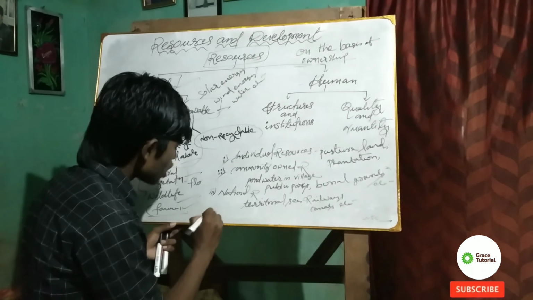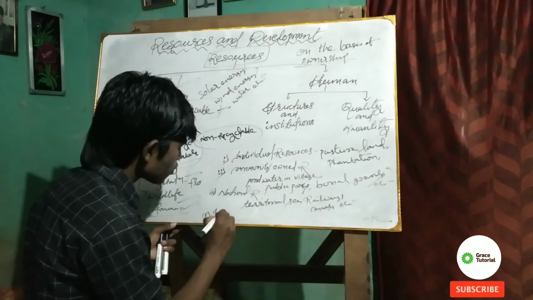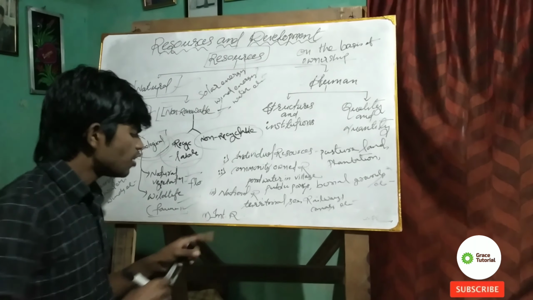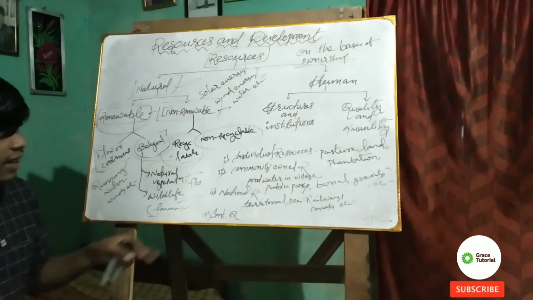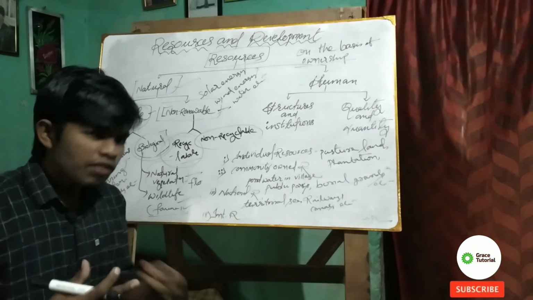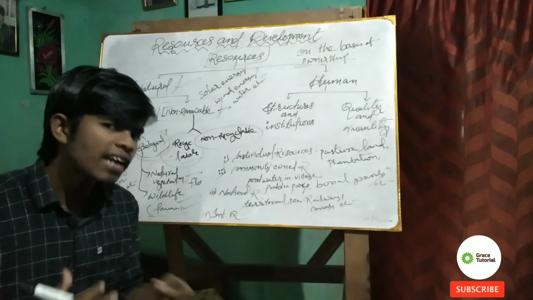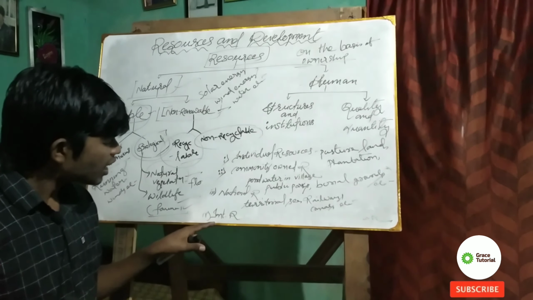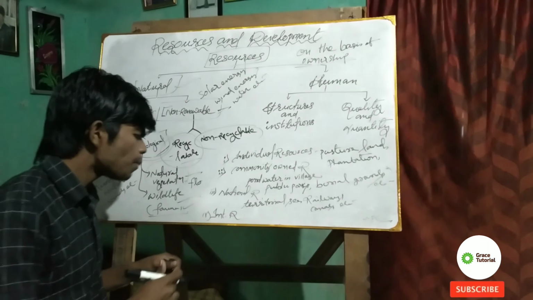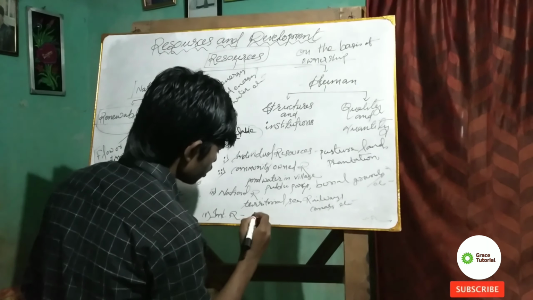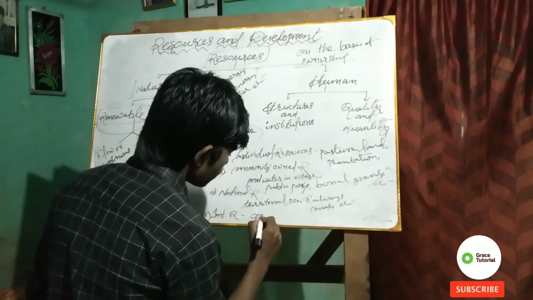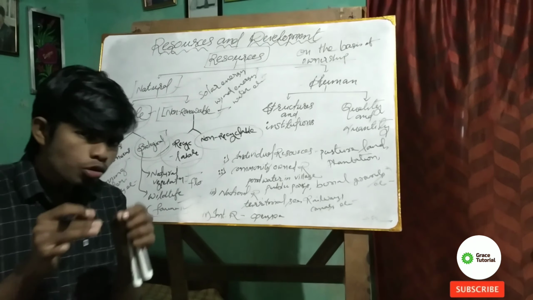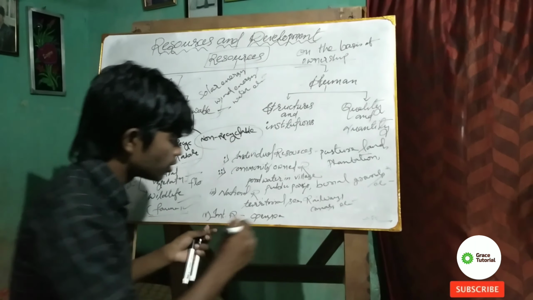Similarly, we have another type of resource, that is international resources. What do you mean by international resources? The resources which are regulated and controlled by the international institutions are called the international resources. For example, the open sea, which is used for peaceful navigation.